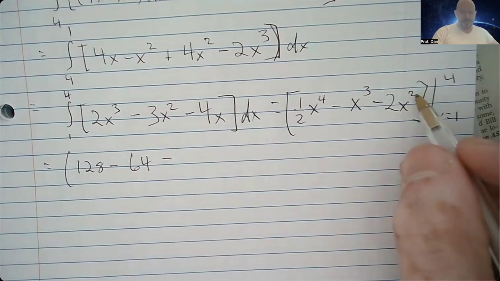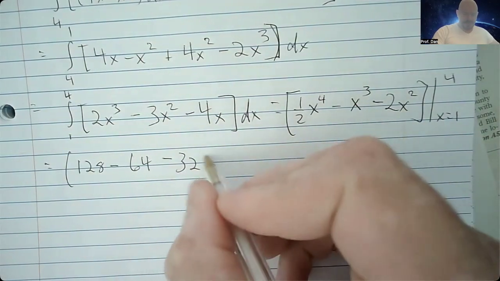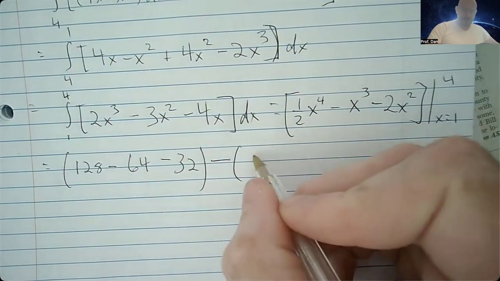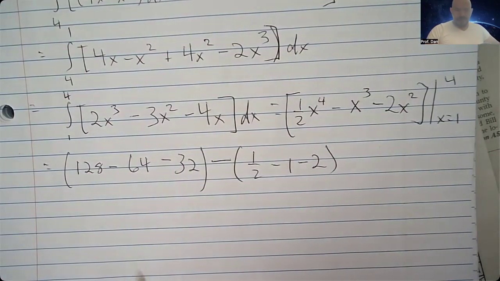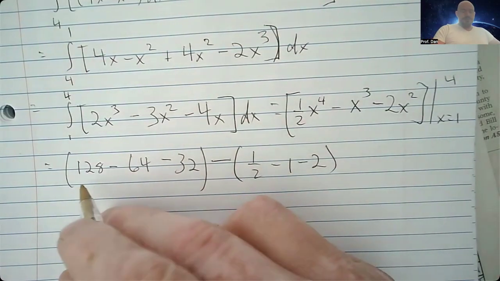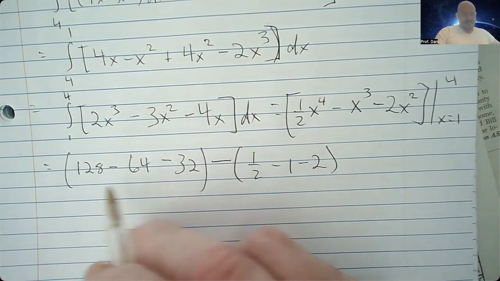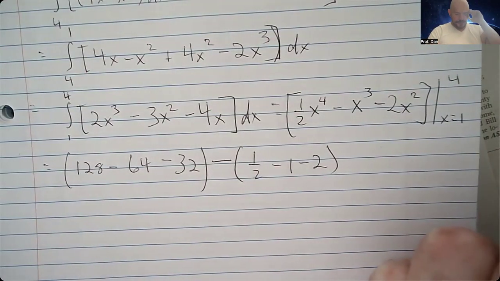And 4 squared is 16, doubled is 32. So that's what I get from plugging 4 in. When I plug 1 in, I get 1/2 minus 1 minus 2. So this will end up giving me 128 minus 96, which will be 32.